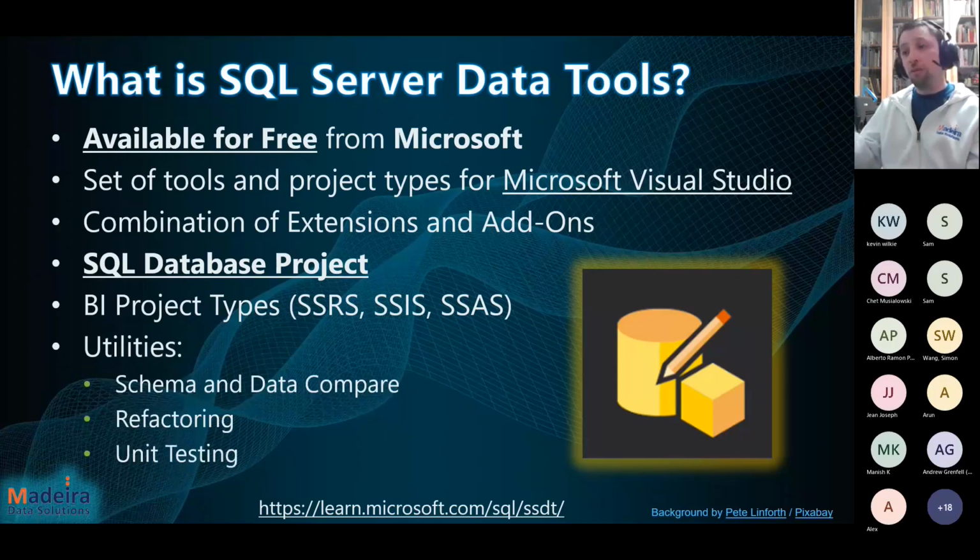The additional set of tools that come together with SSDT also include schema and data compare, just like in Redgate. It also contains a refactoring tool, which allows you to make project-wide changes very easily. We'll show that a bit later. And it also has a new project type specifically for SQL database unit testing.